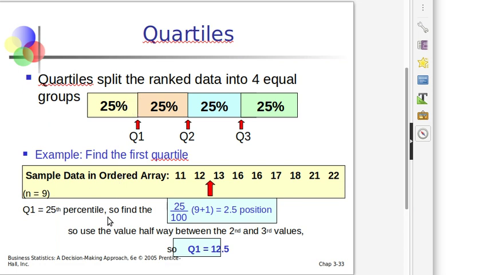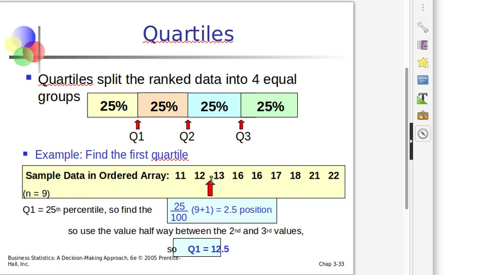So, find 25 over 100 times 9 plus 1, which is 10. 25 divided by 100 is 0.25, of course. Then times 10, that's 2.5 position.